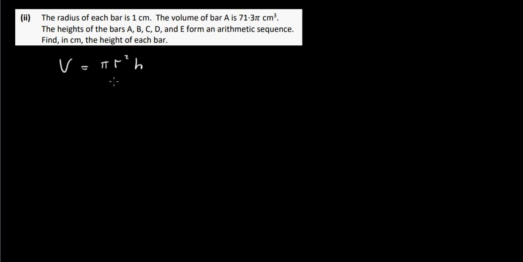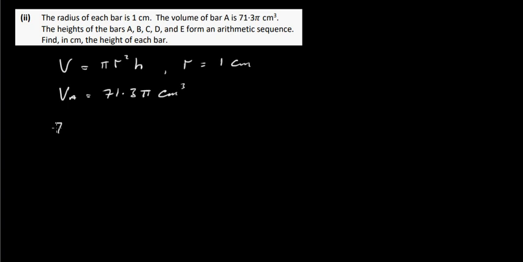We know that the radius of each bar, r, is equal to 1 centimeter. The volume of bar A is 71.3 pi centimeters cubed.